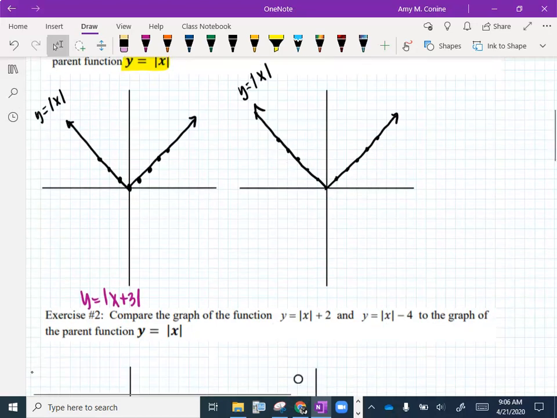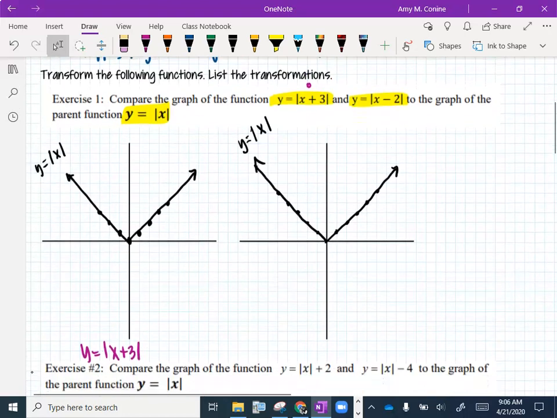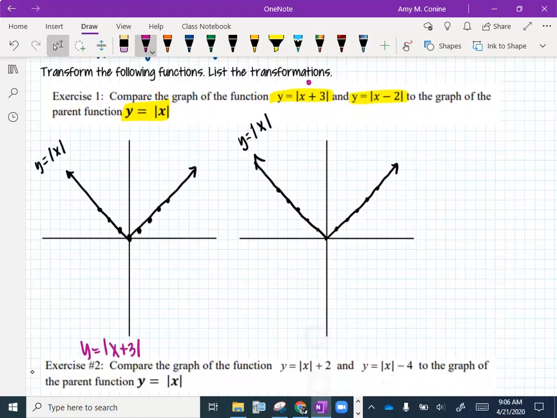Here, with the form that we just talked about, we have the absolute value of x plus h. And remember, a plus h means we're going to go left, and we're going to go left 3 units. So all of my points in this particular graph are going to go left 3 units.